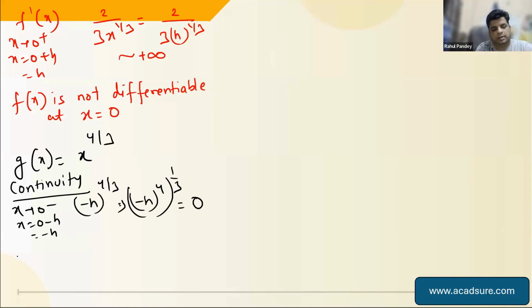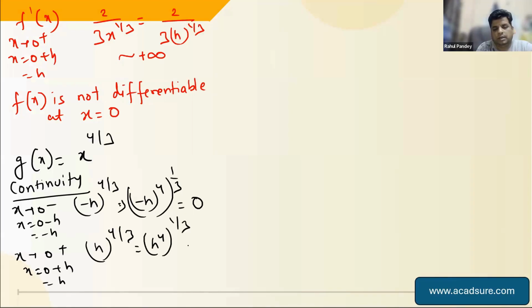So yes. Now let's check for 0 plus, or x = 0 + h, which is h^(4/3), which is h^4 whole power 1 by 3, again tending to 0. So x^(4/3) is continuous at x = 0.